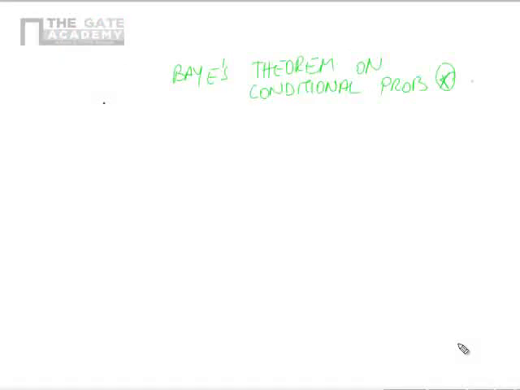We are going to see one very important theorem called Bayes theorem on conditional probability. This is a very important and powerful theorem. Now, the entire trick of Bayes theorem is based on one very important point.